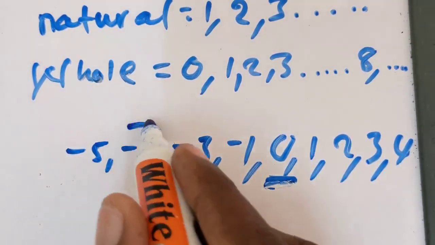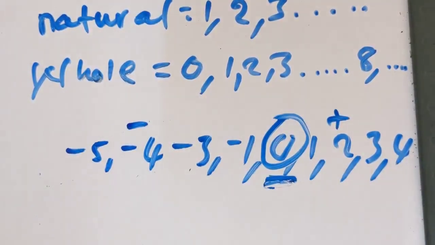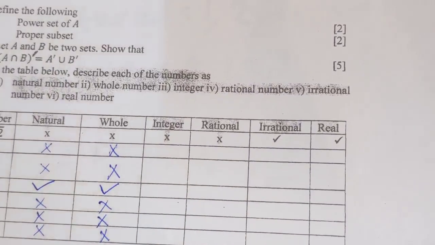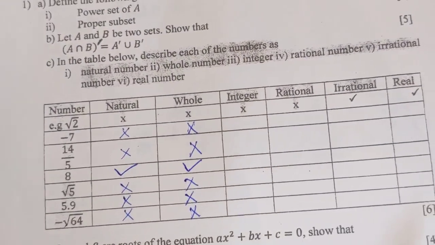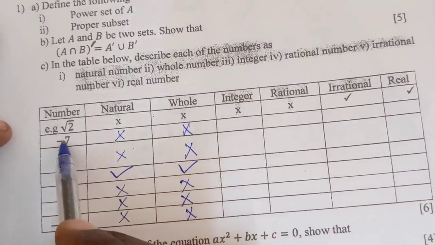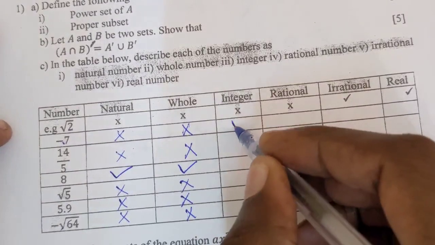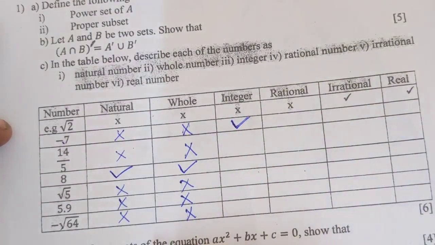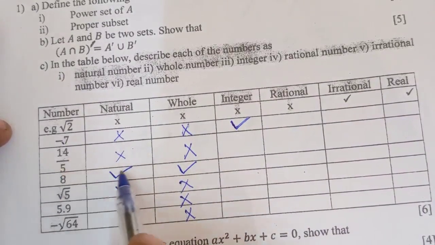These are negative, these are positive, but they include 0. So let's check here. Do we have integers here? If we see here, we have negative 7 as an integer, so we mark like that. Is this an integer?